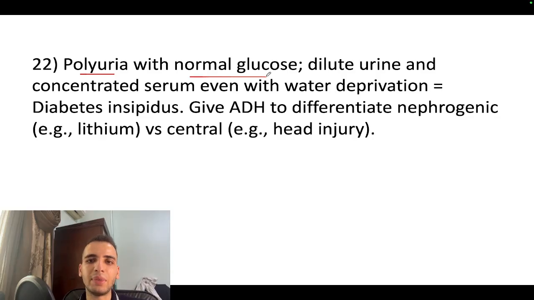And this can be caused by two factors. Either ADH is not secreted, meaning that the posterior pituitary is having this problem, or the hypothalamus itself, or the ADH is secreted but it's not working, and this usually happens in nephrogenic diabetes insipidus.